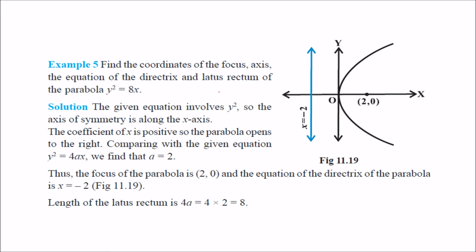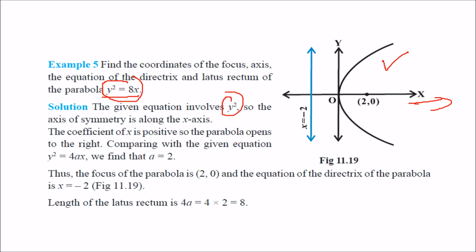Now let us take some questions. Find the coordinates of the focus, the axis, the equation of the directrix and the latus rectum if the parabola is y square is equal to 8x. Since the equation is y square, the axis of symmetry is along the x-axis, and the coefficient of x is positive, so the parabola is going to open on the right side, as we have learned in the observation section.